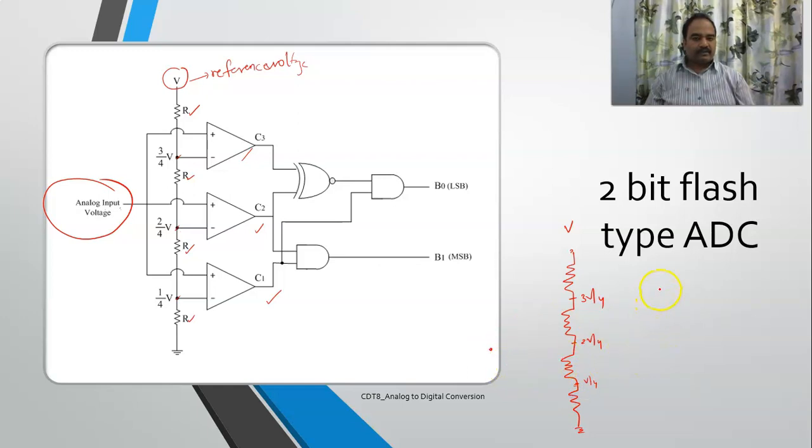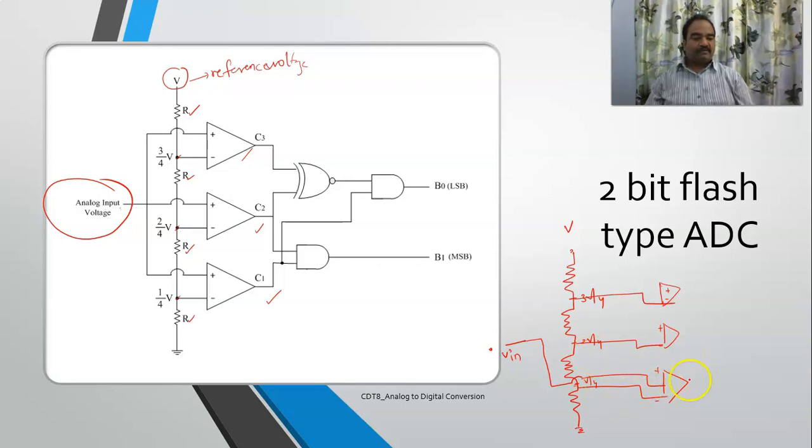So what I'll be doing is I'll be using a comparator here, right? So these points will be given to these negative terminals. Right. Now your input voltage is being compared with V by 4 here.